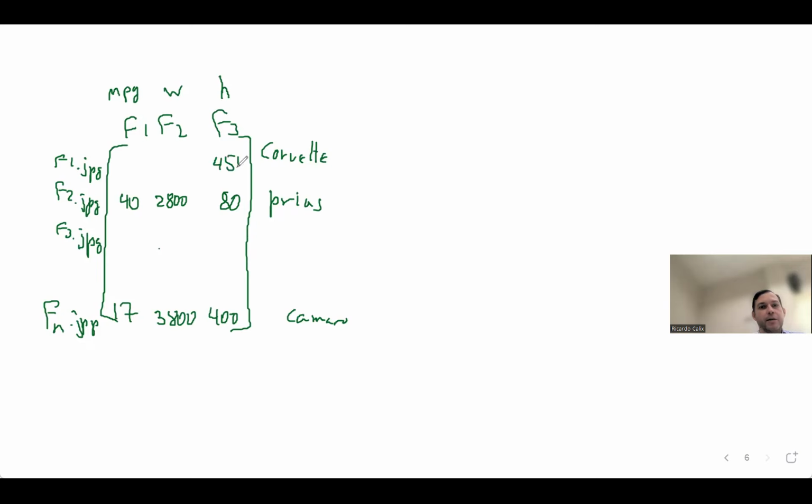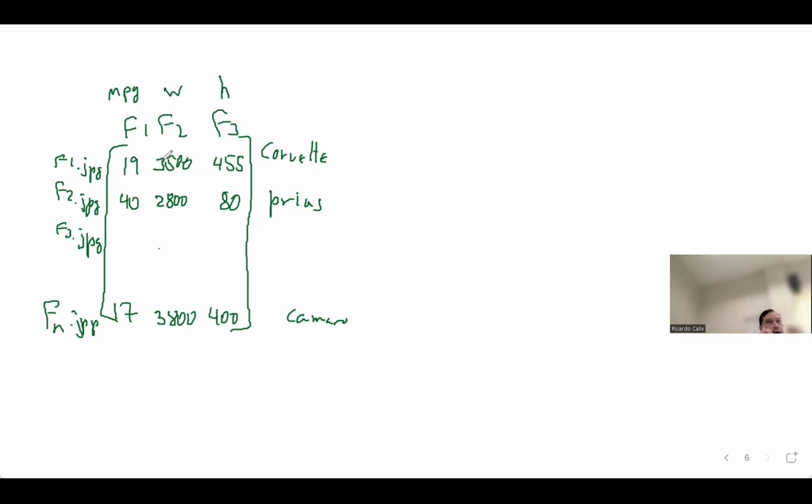Okay, I like that. What's the weight of it? 3,500. And what is the miles per gallon here? 19. How about that? Okay, great.